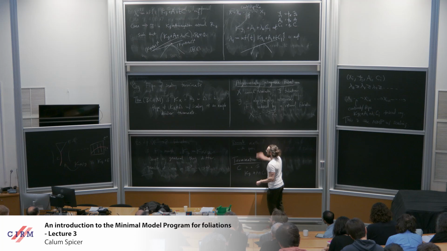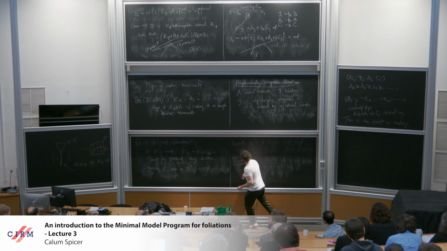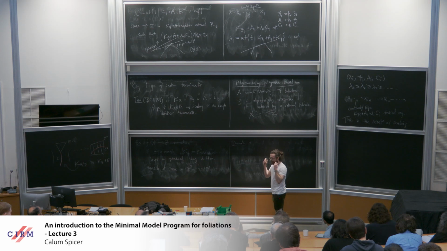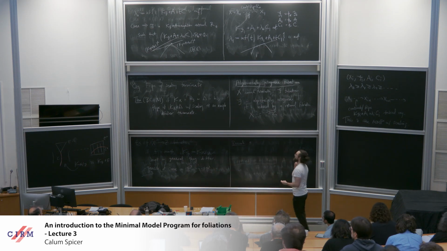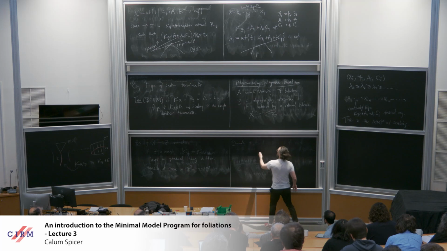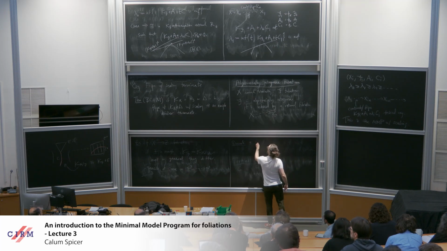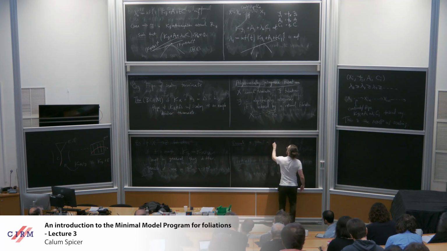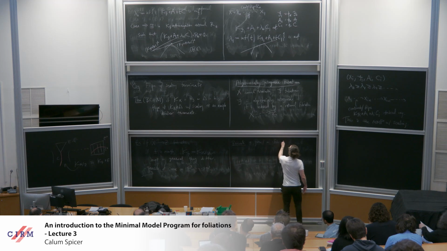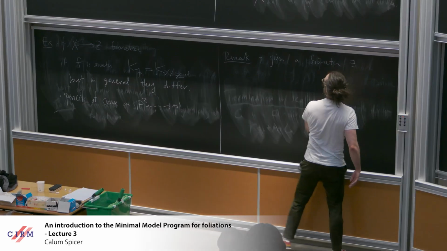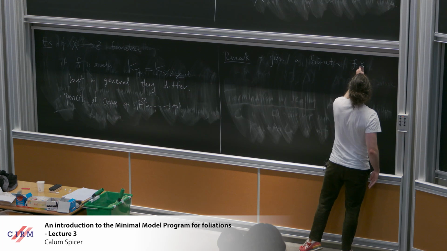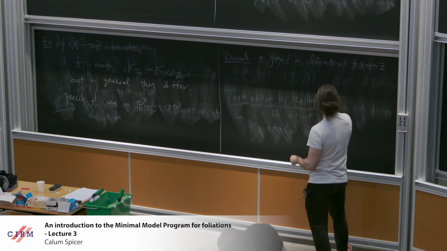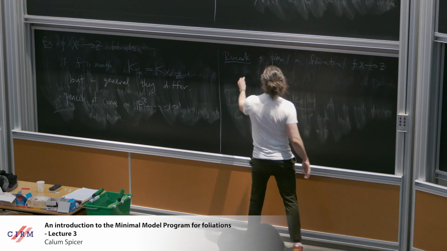So on the heels of this example, I want to emphasize that if you've heard something about the minimal model program, there's something called the relative MMP. Given a fibration f from X to Z, there exists a relative MMP.